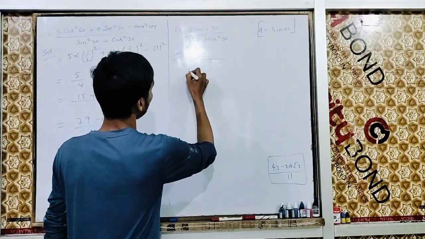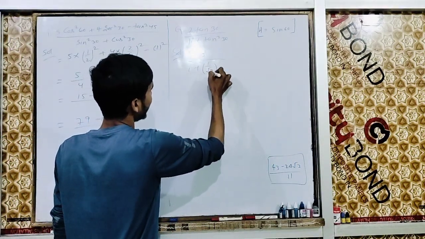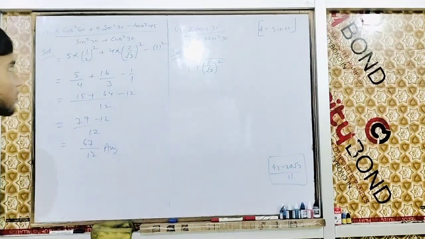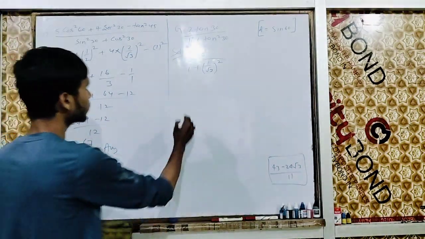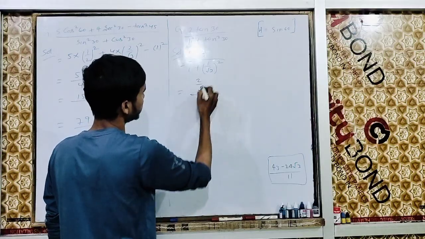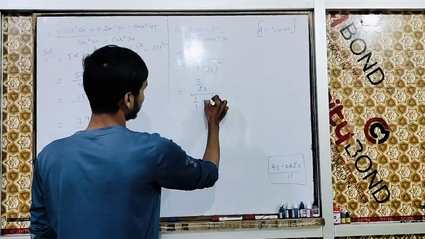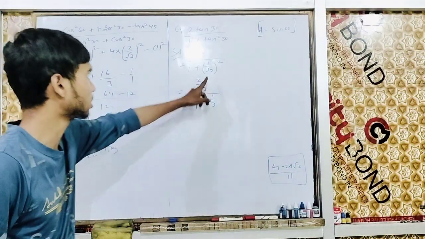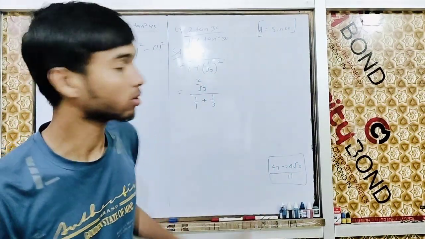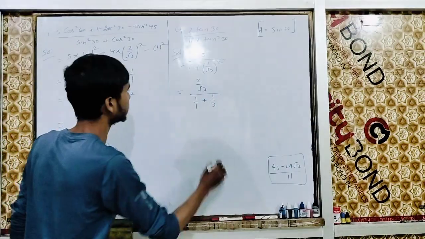Now 1 plus tan 30 would be the same, but here this fraction is in a square. It becomes 2 upon root 3 over the fraction. Root 9 is a perfect square, 3.